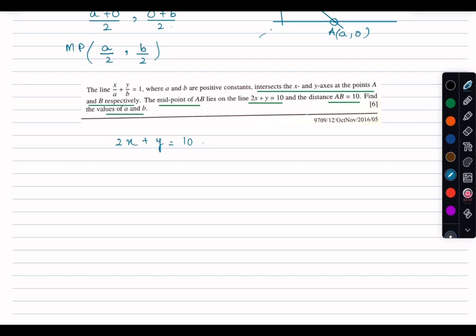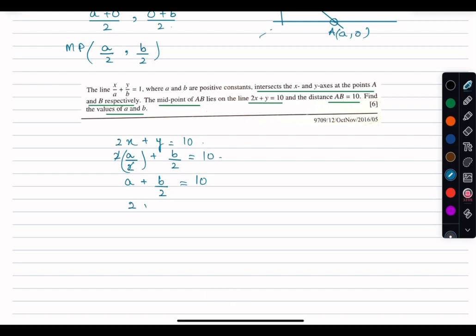I know that its x-coordinate is a by 2, so I'm just going to substitute x with a by 2 and y with b by 2, and this equals 10, so that at least I should have an equation: a plus b by 2 equals 10.